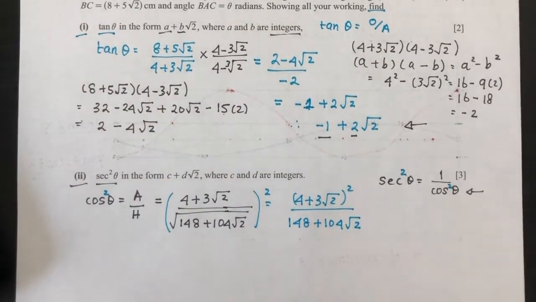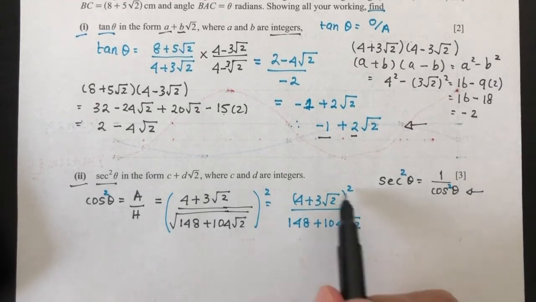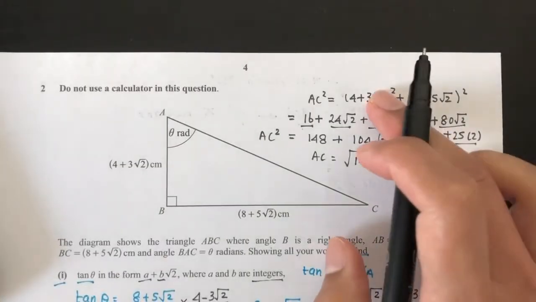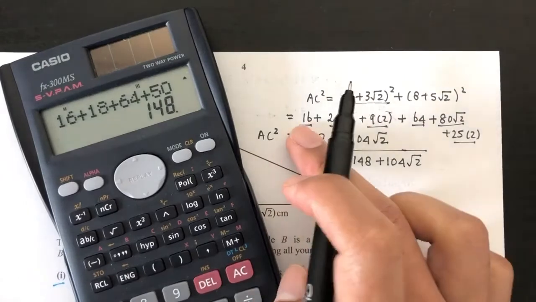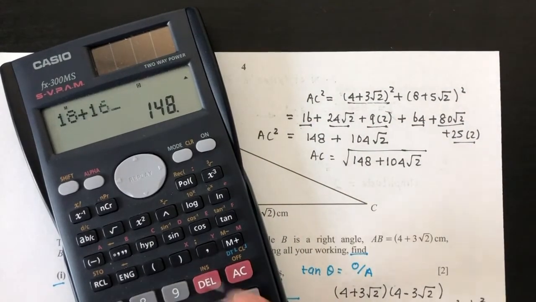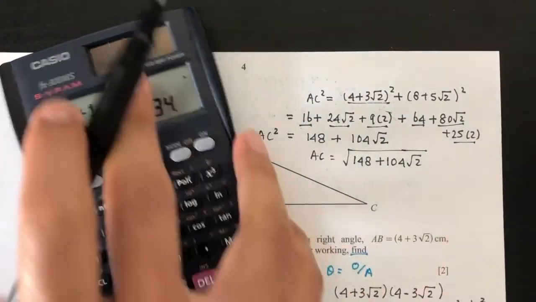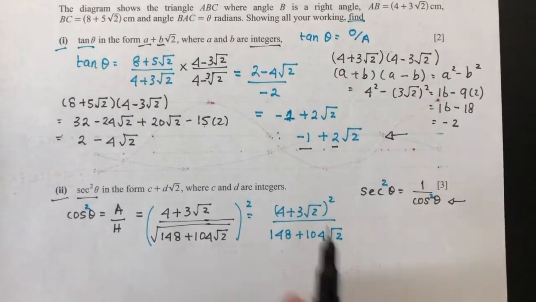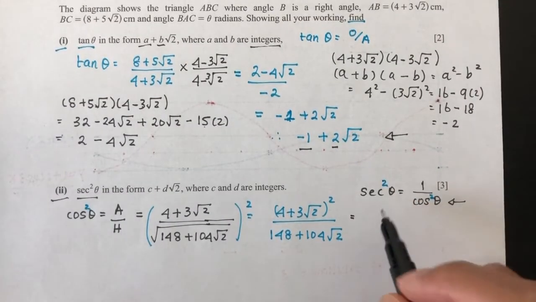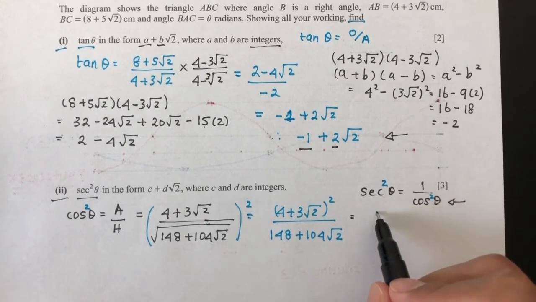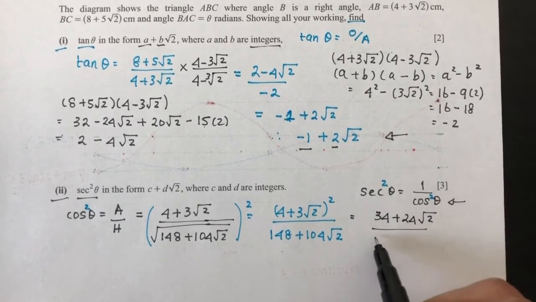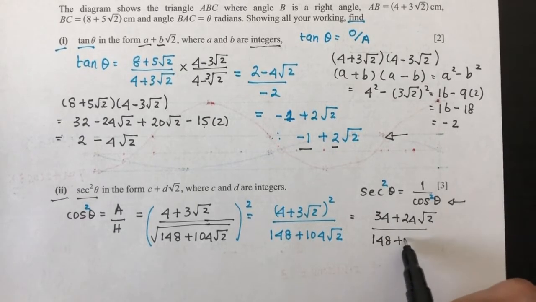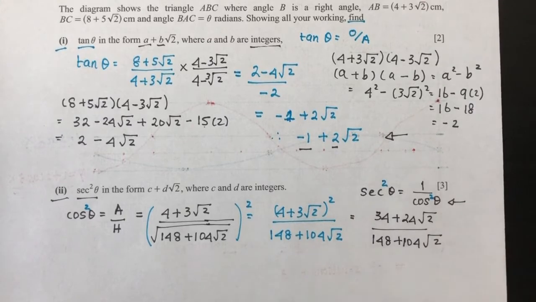Now next step, we have to simplify the top. So what does the top become? If you observe, this is the same as this. So let's simplify. 16 plus 18 is 34, plus 24 root 2. So the top is 34 plus 24 root 2 over 148 plus 104 root 2.